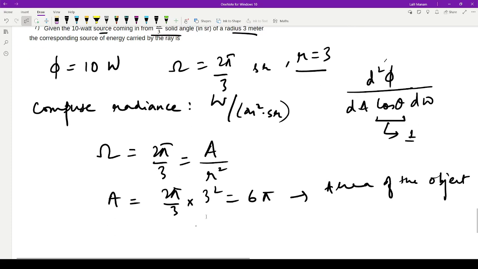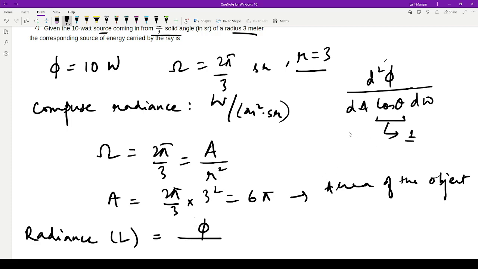Once this is known, now we can compute radiance. So radiance L is what? Just seeing the units, how do you compute radiance?